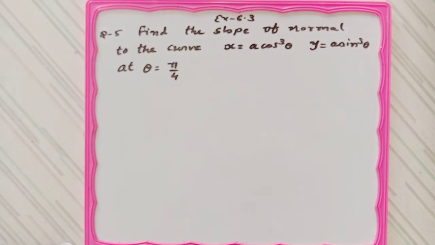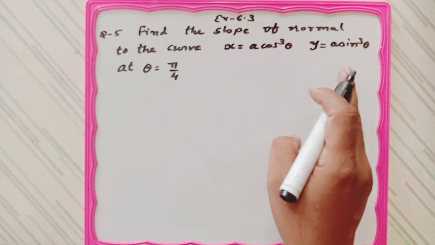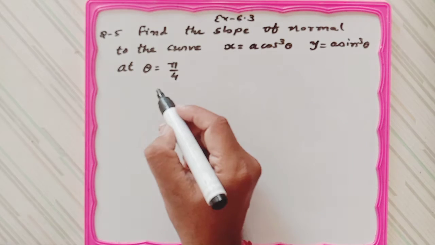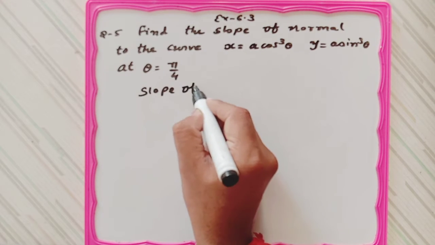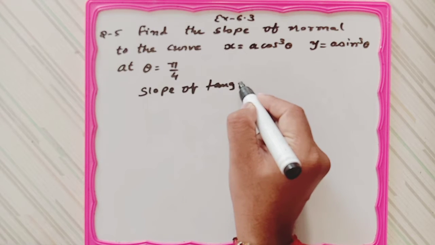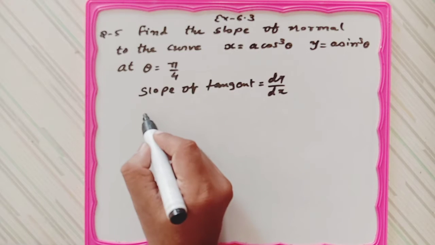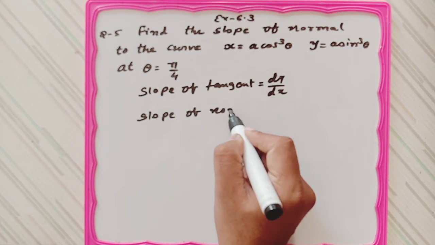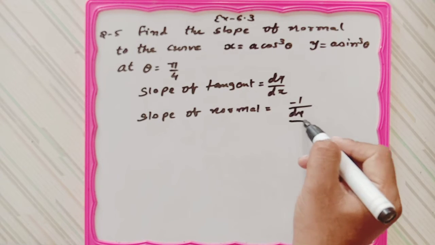So we have the fifth question: find the slope of the normal to the curve x equals a cos cube theta, y equals a sin cube theta, at theta equals pi by 4. We know that the slope of tangent equals dy by dx, and the slope of normal equals minus 1 by dy by dx.